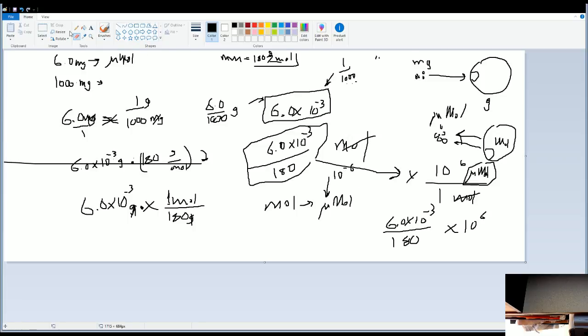Yeah, this is wrong. It's not negative 6, it's plus 6. It would be negative 6 the other way around, because there are more micromoles in a mole. There are fewer moles in a micromole. So if you're going this way, from micromole to mole, you go negative.